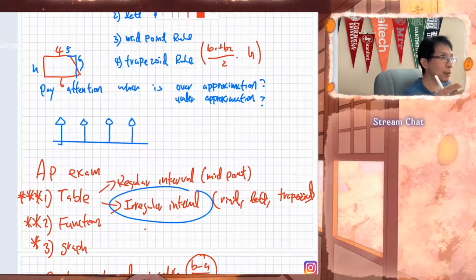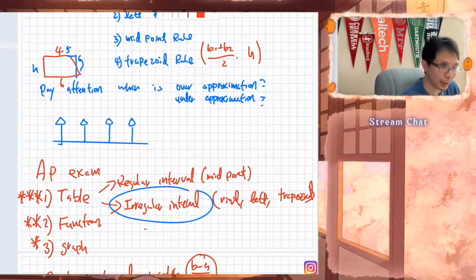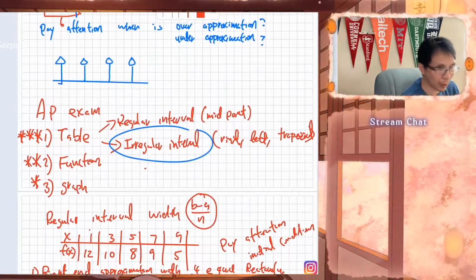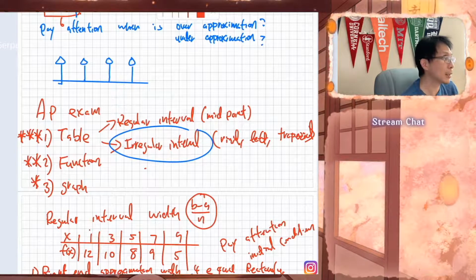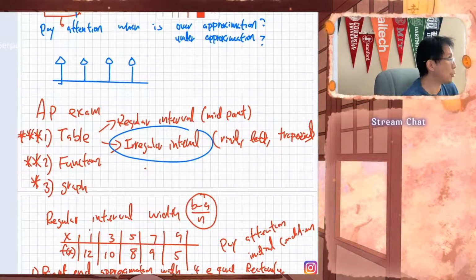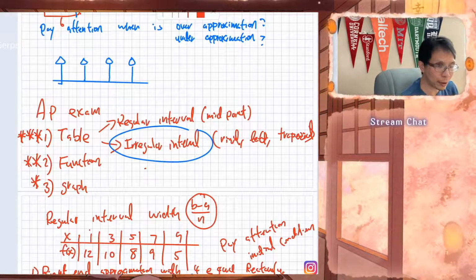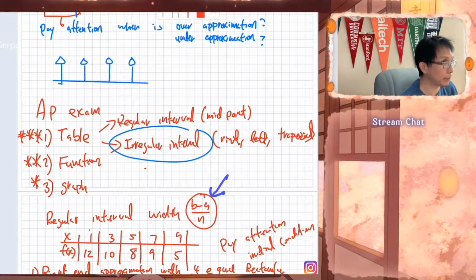Yes, the spacing between things is not uniform. So for example, like the one here, I give it to you: 1, 3, 5, 7, 9. Is this uniform or not uniform? Uniform. And each width is what? 2.